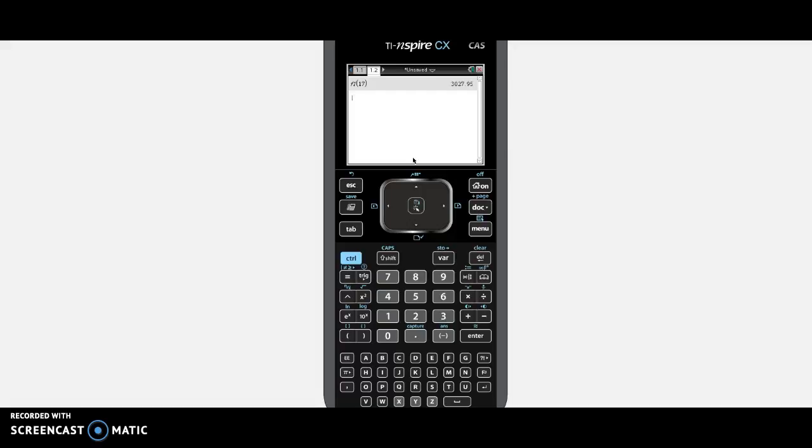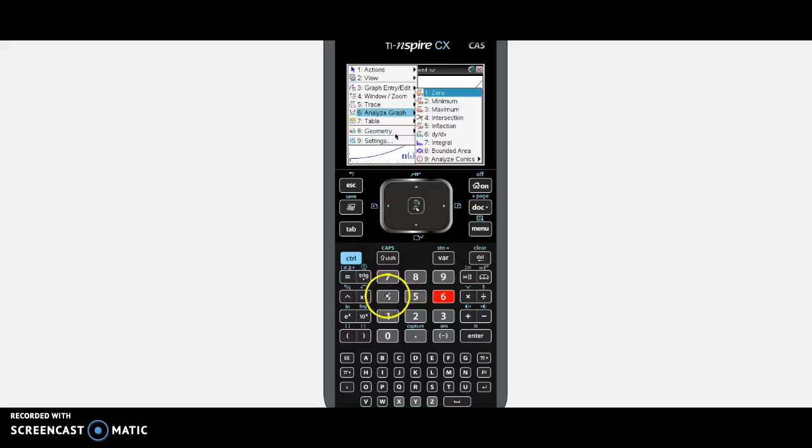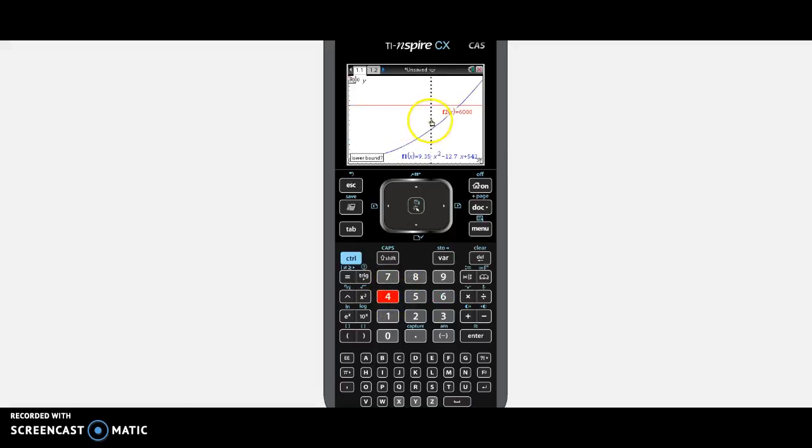And the biggest thing for you to note is that 6,000 is not an input, it's an output. So I don't need to do variable of 6,000, that's not helpful. But what we talked about today is that typing in the output 6,000 is going to be my best bet for figuring out what time that happens at. I go to menu number 6, number 4. I scroll this line somewhere to the left of that intersection, doesn't have to be very far away, and somewhere to the right.